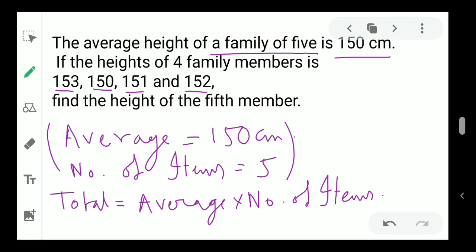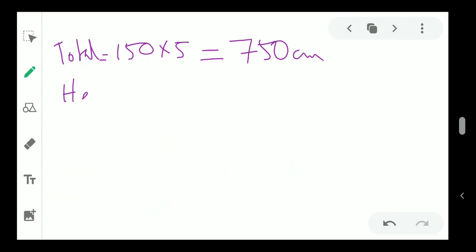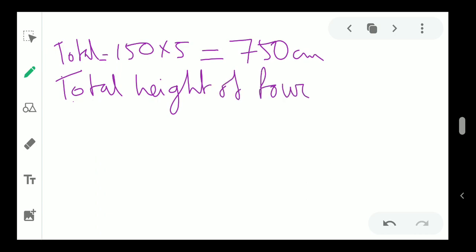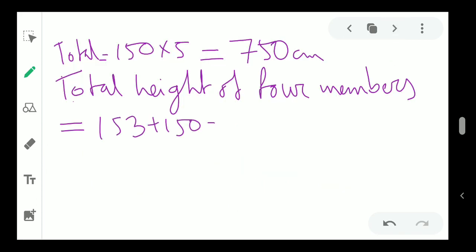So let me add these 4 members' heights. Total height of 4 members, I should be very accurate with it. Okay, so total height of 4 members is (153 plus 150 plus 151 plus 152).